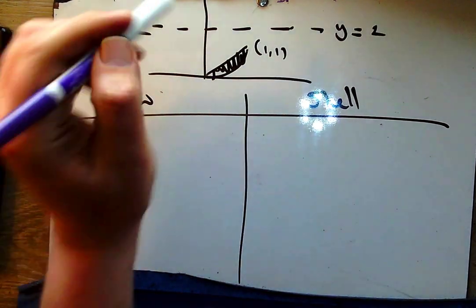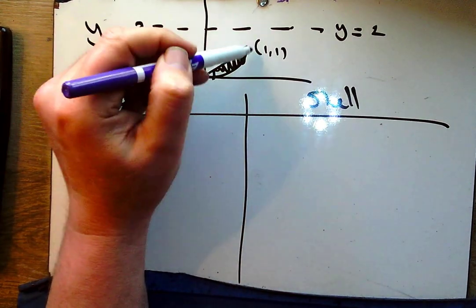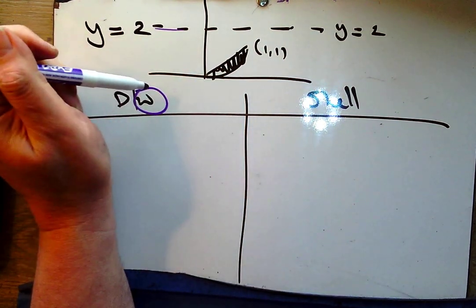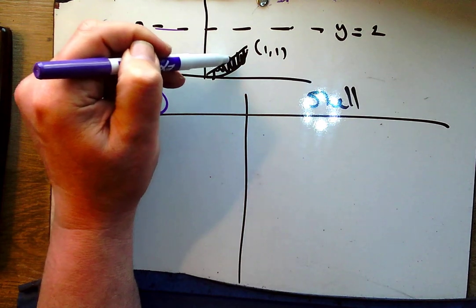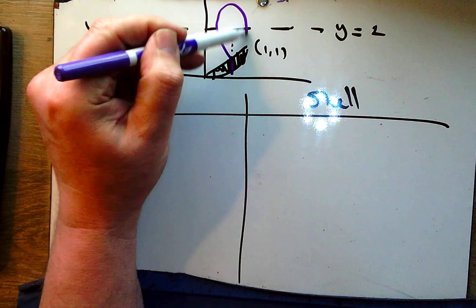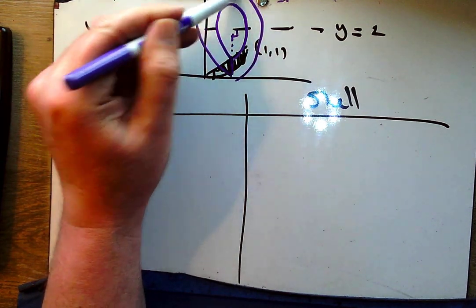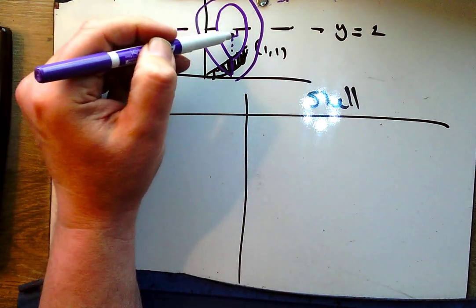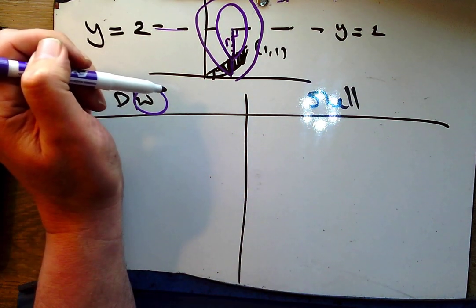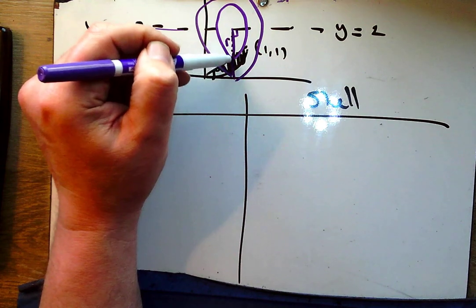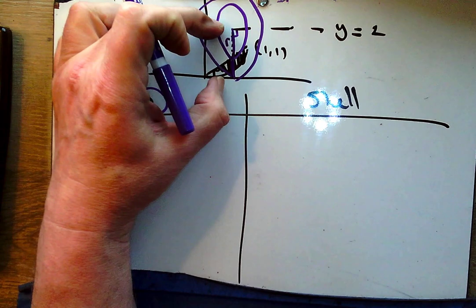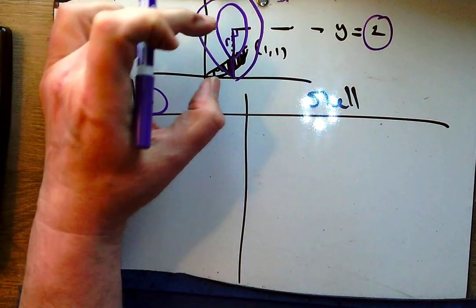Hey, welcome. So this region is definitely not up against this axis of rotation, so I know I'm having a washer. I'm going to draw something perpendicular to the axis of rotation. And I get this big washer. This is my radius, my little r. This is y. This is 2.